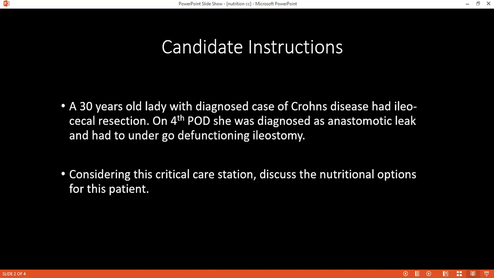Which vitamins are present in TPN? A, D, E, K, thiamine, and water soluble vitamins. Okay. What would be the main source of carbohydrate in TPN? Glucose.